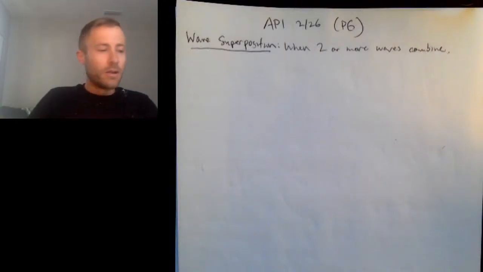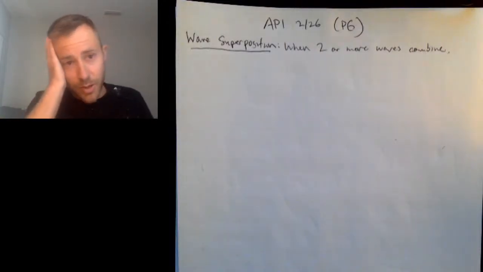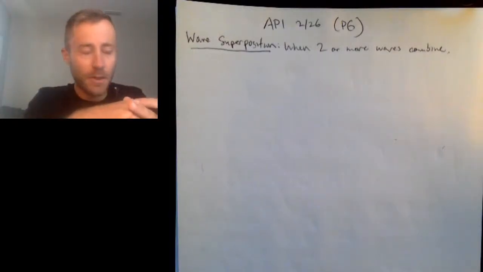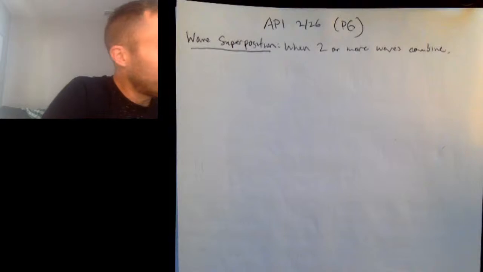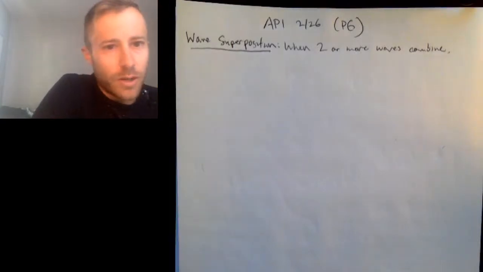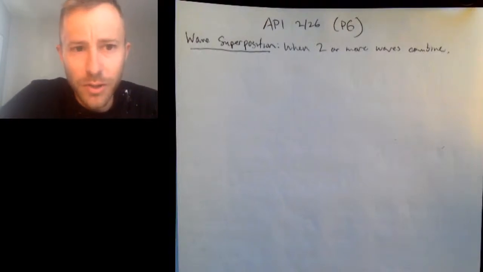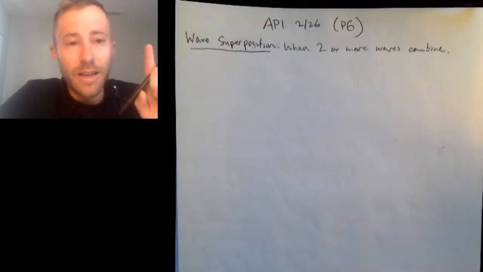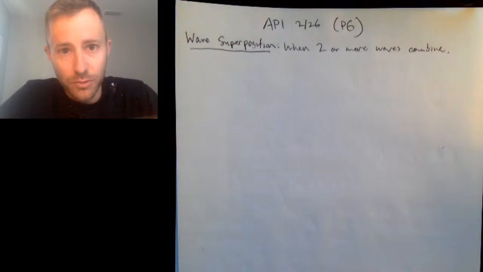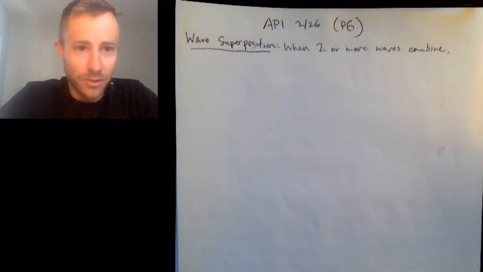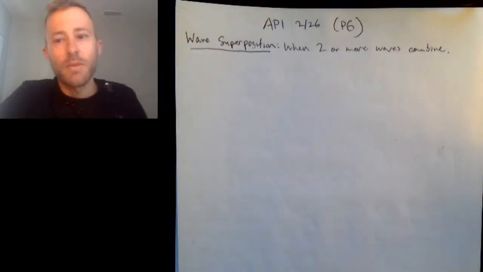Okay? So all that superposition of waves is happening all the time, and it just means when waves are combining. Okay? So there's a couple of ways that waves can superpose. And one thing I want to say really quickly is it's not superimpose, it's superpose. Okay? Not superimposition, it's superposition.